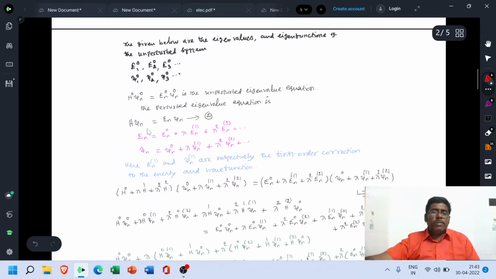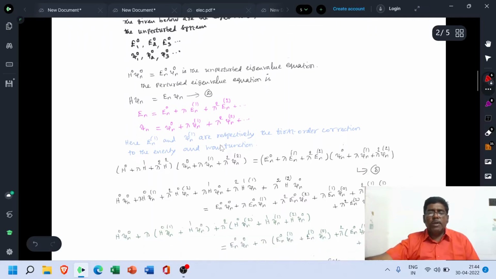In this equation we have to substitute the values of H, En and psi n. The value of H is H0 plus lambda H1 plus lambda square H2. Then psi n is psi n0 plus lambda psi n1 plus lambda square psi n2, which is equal to, instead of En we have to substitute these values. Once again, instead of psi n we have to substitute these values.